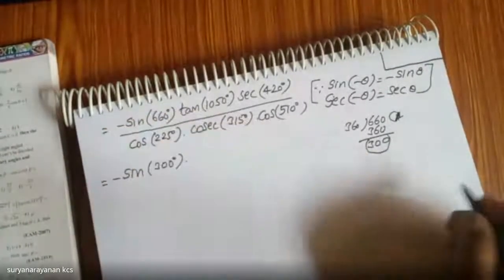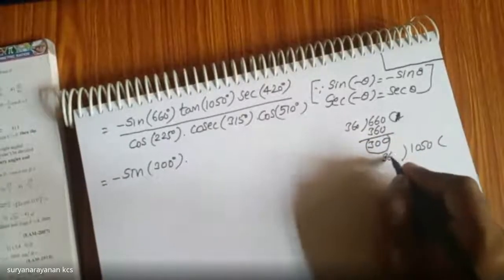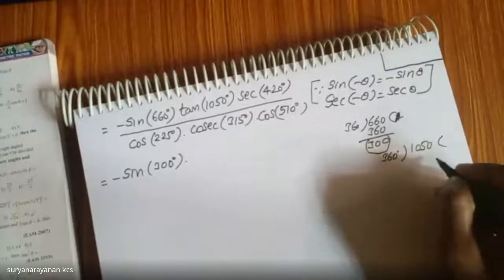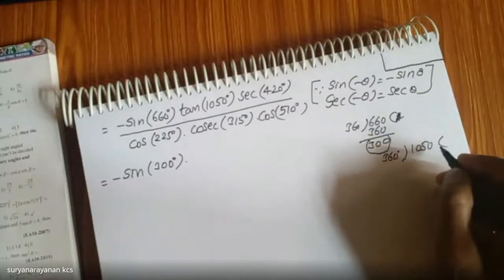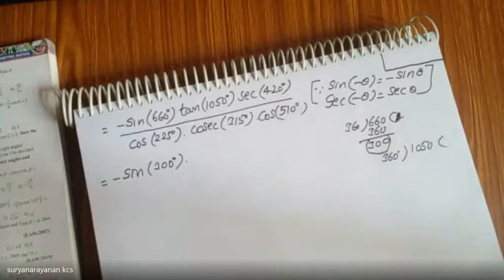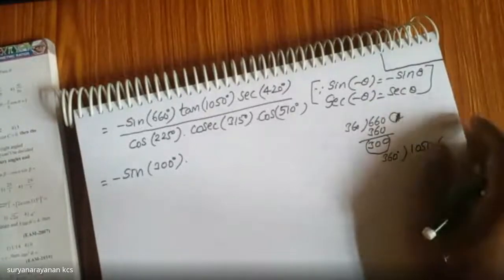Similarly, 1050 degrees. Divide 1050 degrees by 360. How many times does it go?